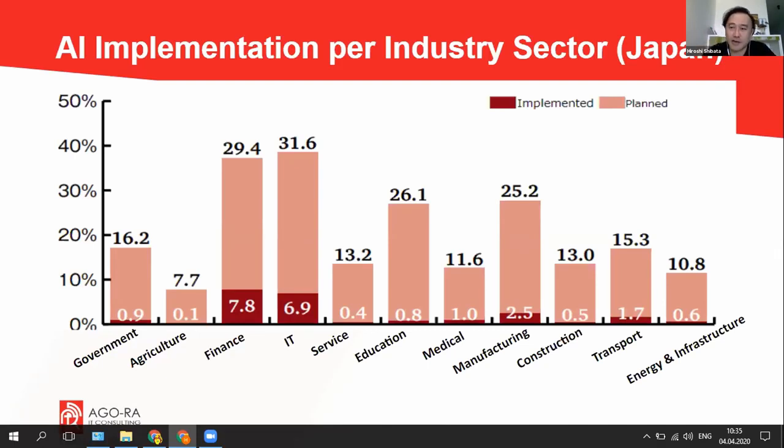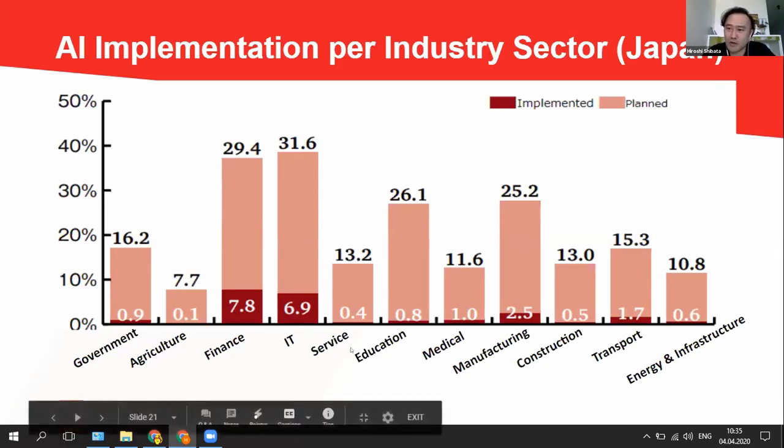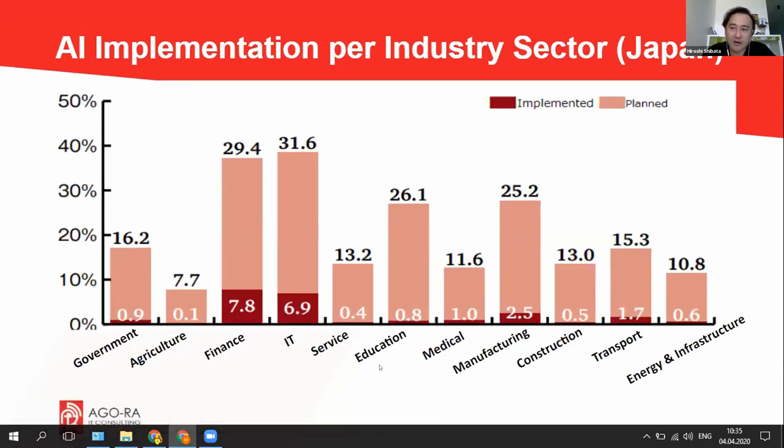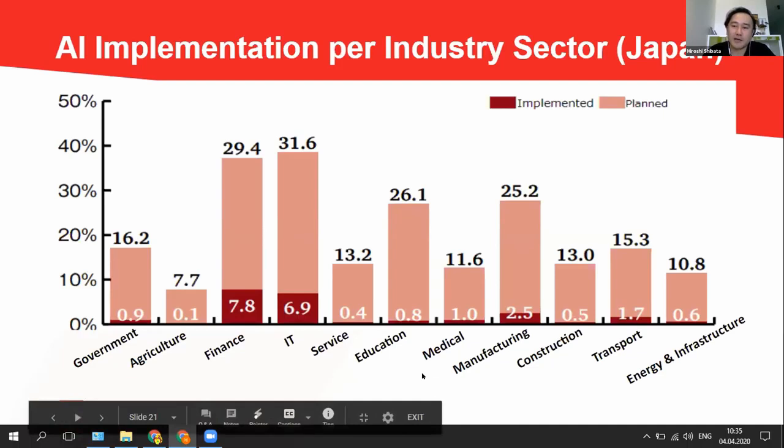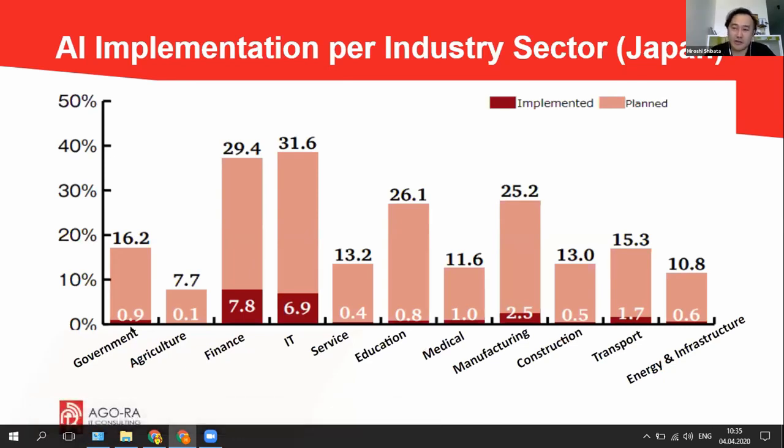So it's a lot of work to convince them to use AI, and to show how AI can improve productivity and efficiency and contribute to increased revenue. This is a lot of work. But that means there's huge potential if you get into other sectors like government and agriculture.